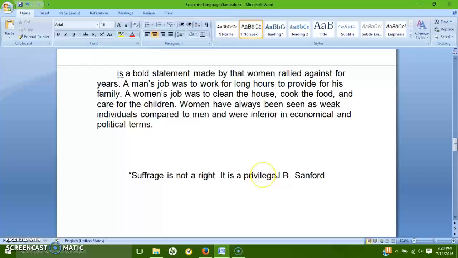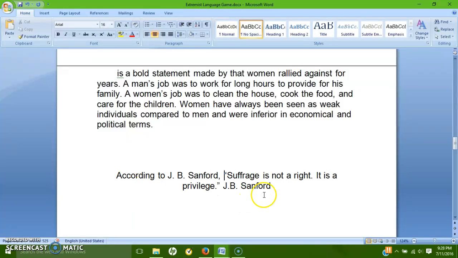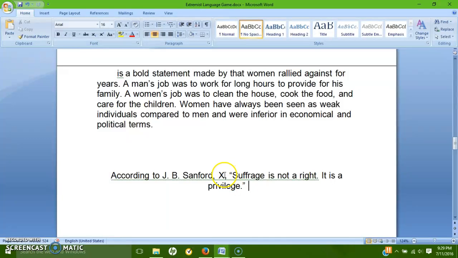All right. So, if you are including this in your paper, you would put something like according to J.B. Sanford, and then I would have a little bit of information here about who this is, why that person is important to your paper or your research. So again, the title, we already looked at the template document.